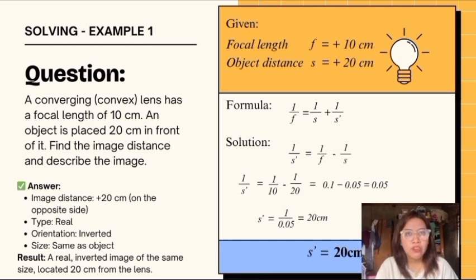Now we have 1 over 10 equals 1 over 20 plus 1 over s prime. Now we solve for 1 over s prime. 1 over s prime is equal to 1 over 10 minus 1 over 20. So the value of 1 over 10 is 0.1, while 1 over 20 is 0.05.